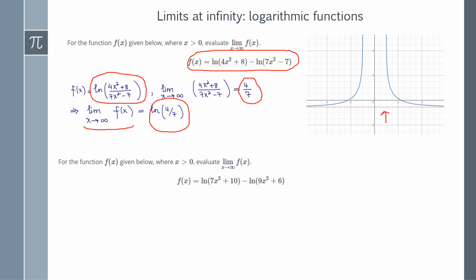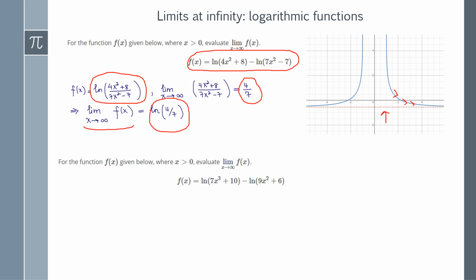And you can see that the right branch gets closer and closer to this horizontal asymptote. So the limit as x goes to infinity of this function is indeed natural log of 4 over 7. Okay, so that's your first example.